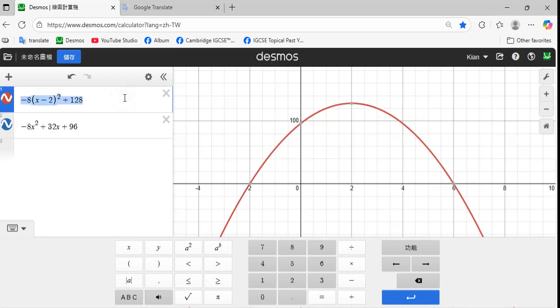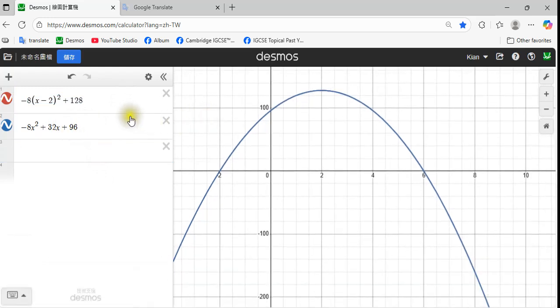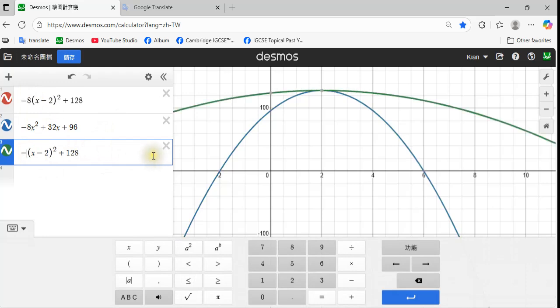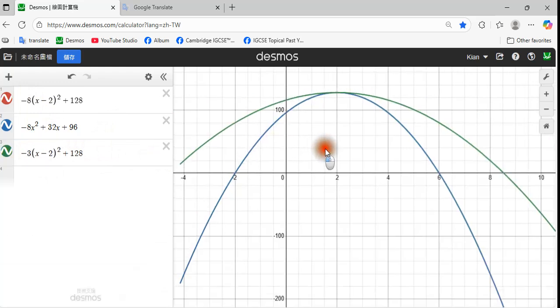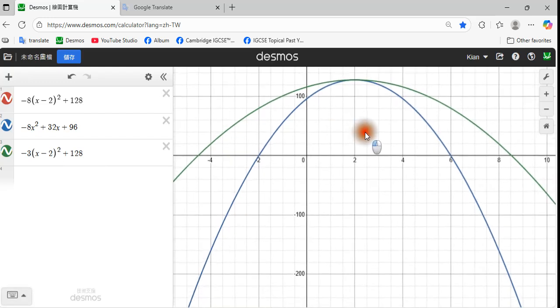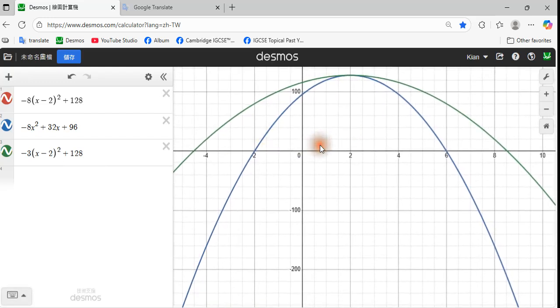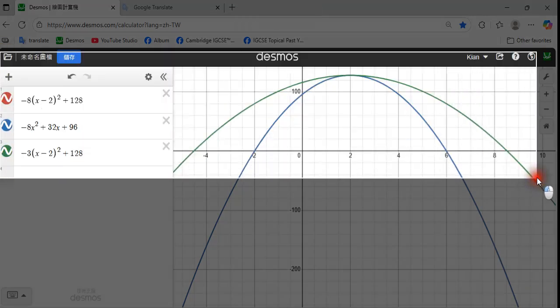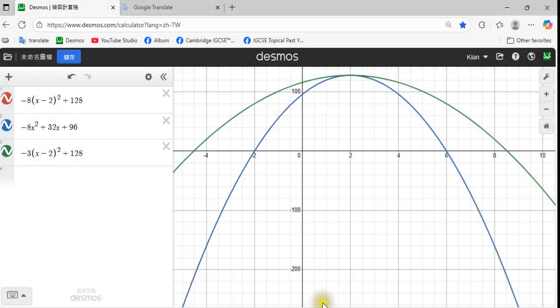So it shows that the axis of symmetry from the completing the square that I do is the same. So instead of -8, it will become -3. So we can see that the shape of the graph, the axis of symmetry is still the same. Okay, so just that the shape becomes wider.